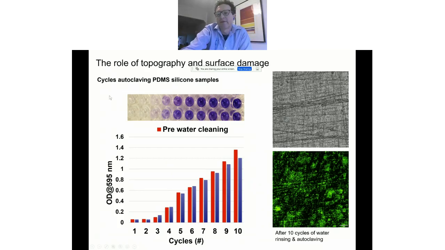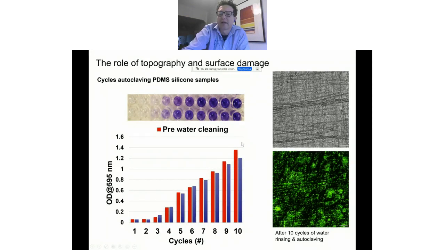This is some work we did with silicone. We work a lot with silicone. So this is PDMS silicone, where we took a nice, fresh, clean silicone sample and we gave it various cycles of autoclaving to progressively damage the surface. And you can see these sort of scratches and grooves and roughness that's developing as we go through 10 cycles of autoclaving.